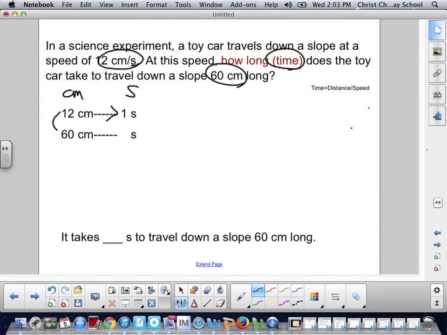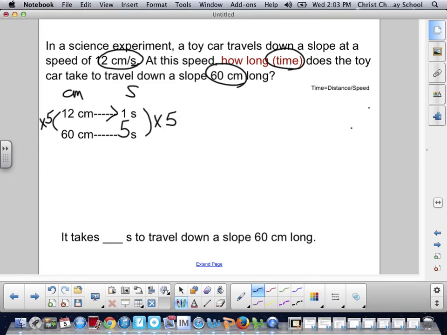Okay, hopefully you came up with 12 times 5, and that will give you 60. Again, what you do to one side, you must do to the other side. So we're going to times 1 second by 5, and 1 times 5 is 5 seconds. So it takes 5 seconds to travel down a slope 60 centimeters long.